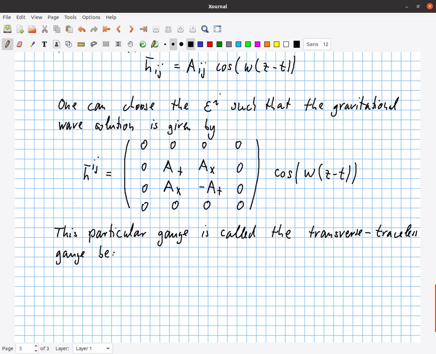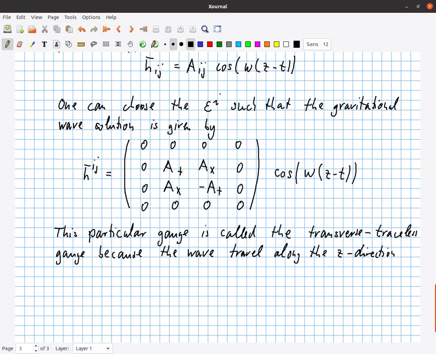And this is because the wave travels along the z direction, but if you look at this metric perturbation, the metric perturbation is actually zero in a sense along the z direction.